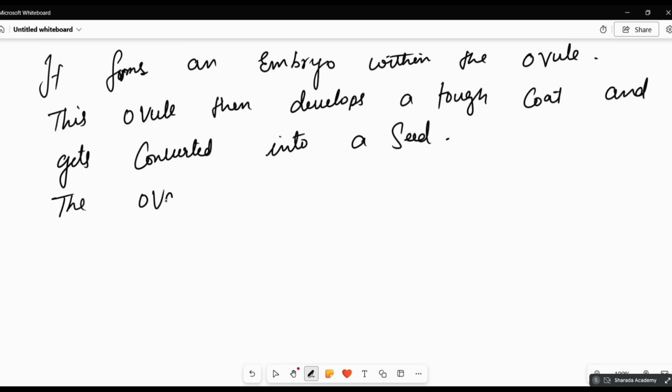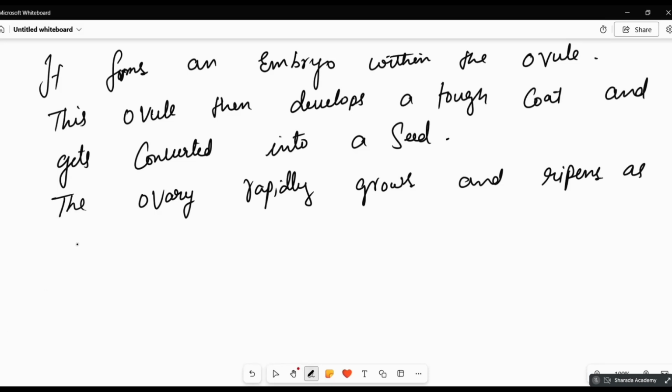The ovary rapidly grows and ripens as fruit.